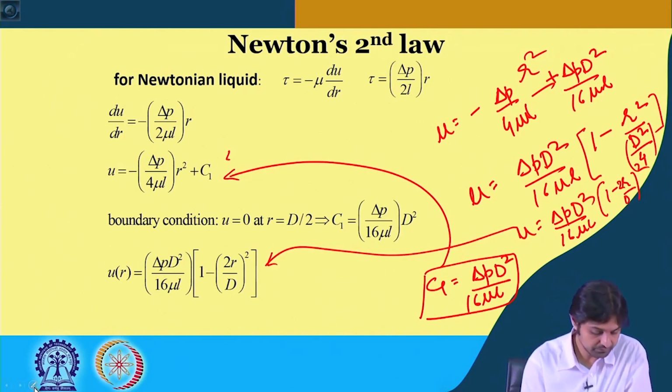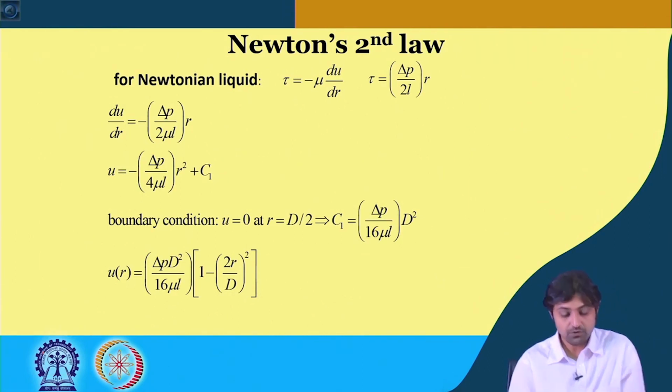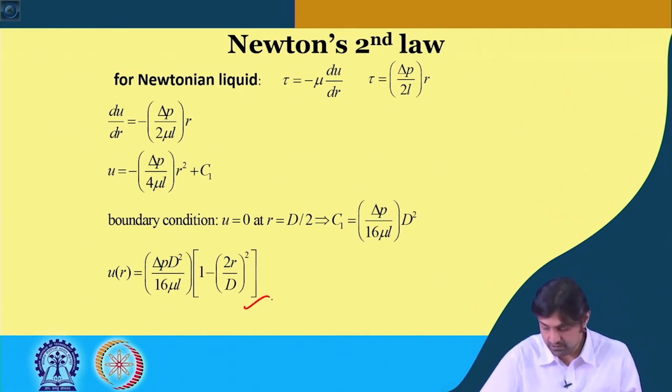So this is what we get. We have got u as a function of radial distance r.